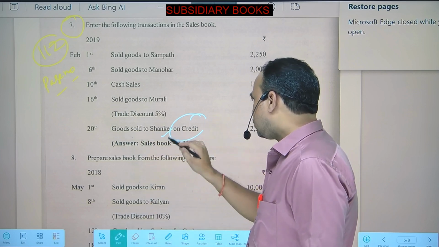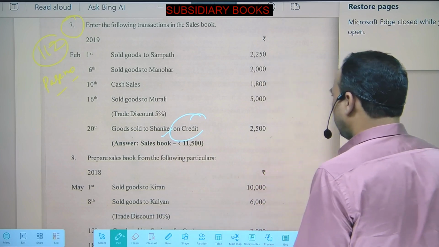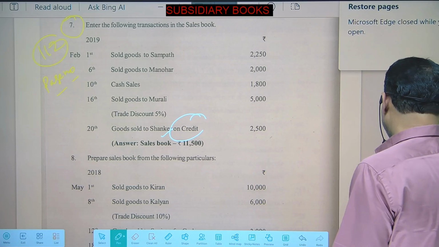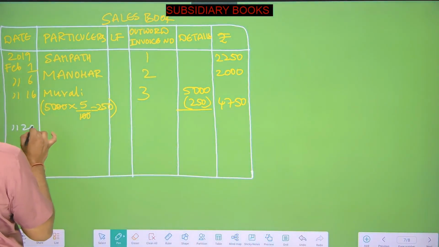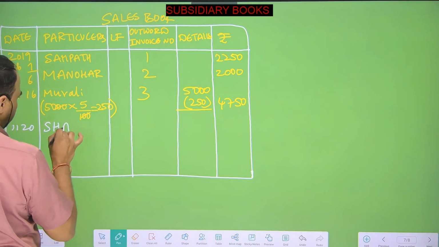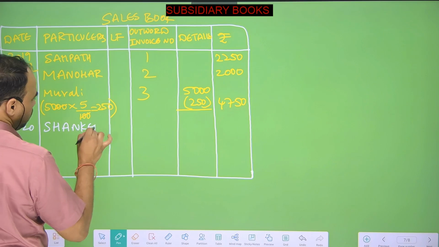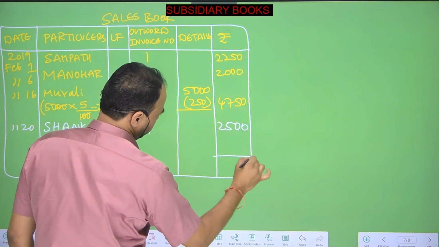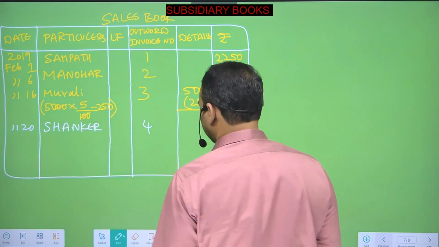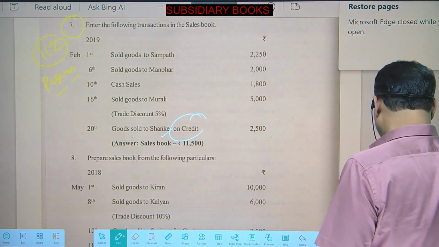Goods sold to Shankar, so date 20, name Shankar, 2500. With this, all transactions in question number 7 are completed.